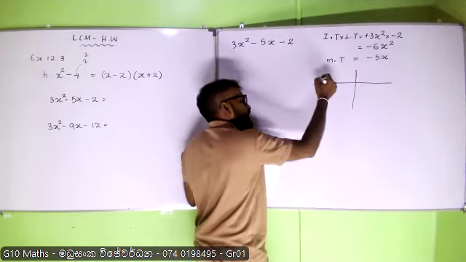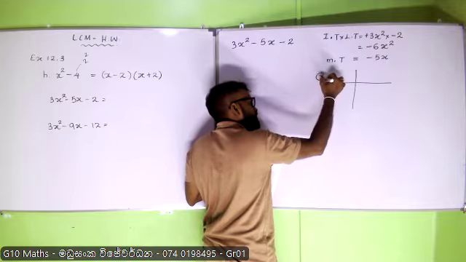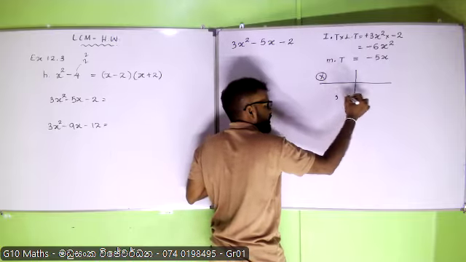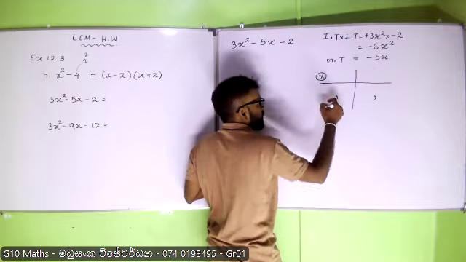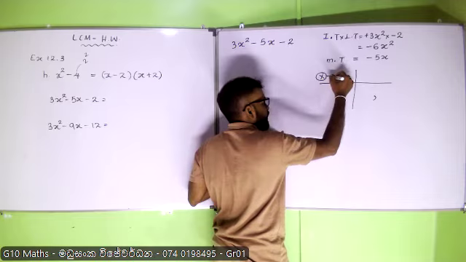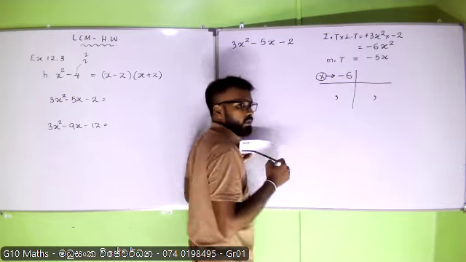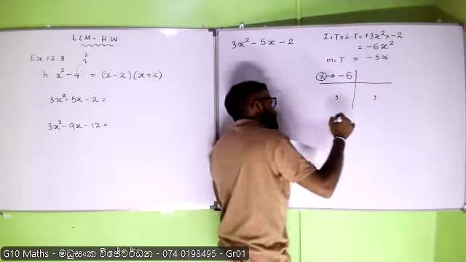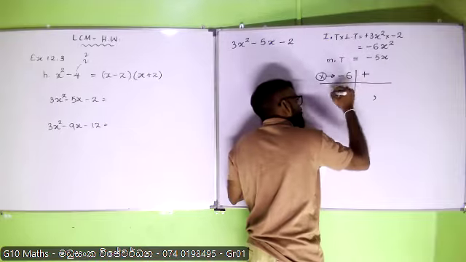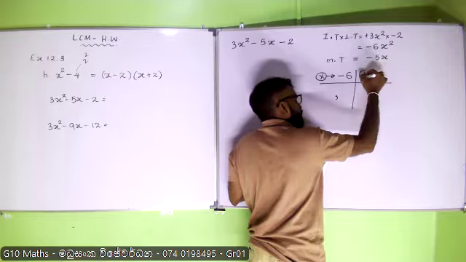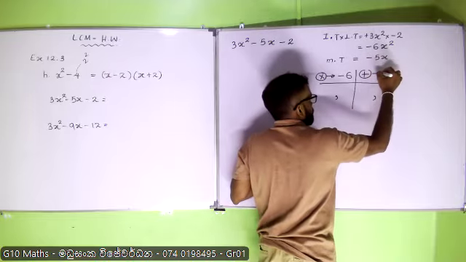When I multiply the two numbers that I am choosing, I need to obtain negative 6. When I add the same two numbers, I need to end up with negative 5.